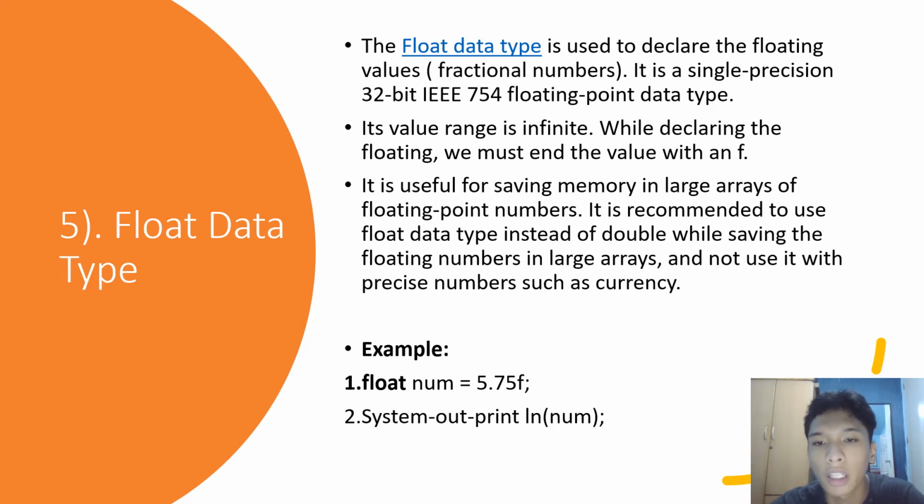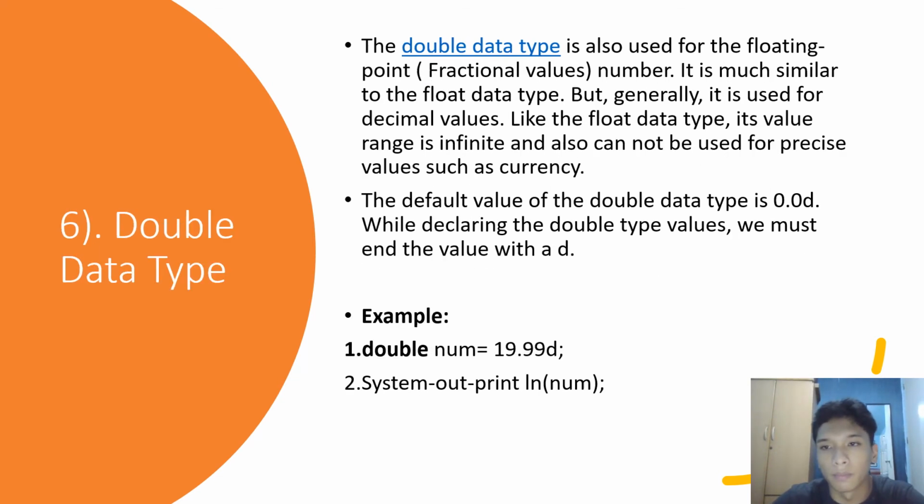It is recommended to use the float data type instead of double while saving floating numbers in large arrays, and not to use it with precise numbers such as currency. Example: float number = 5.75f; System.out.println(number).